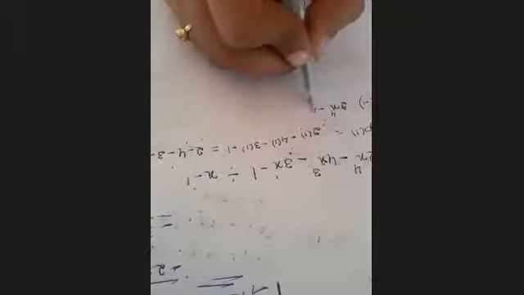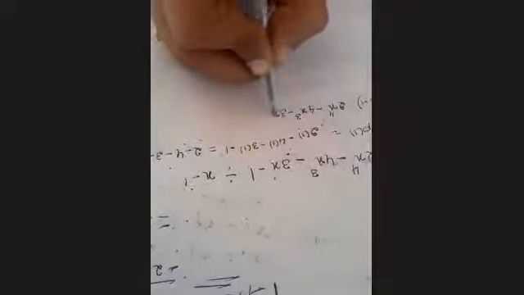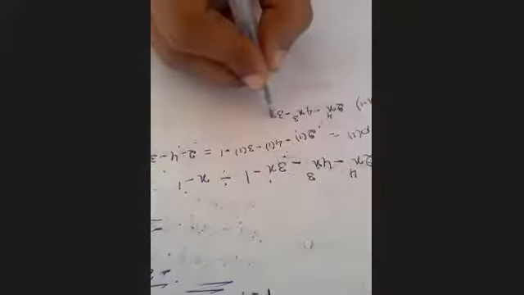So x minus 1, 2x power 4 minus 4x cube minus 3x. We have to write plus 0 minus 3x minus 1. Why am I writing 0 here? Because the x square term is not there.